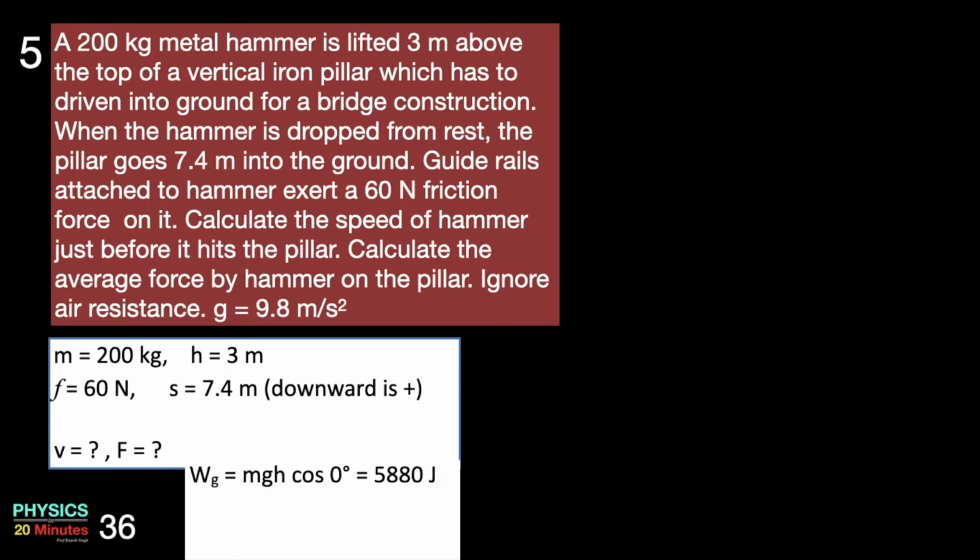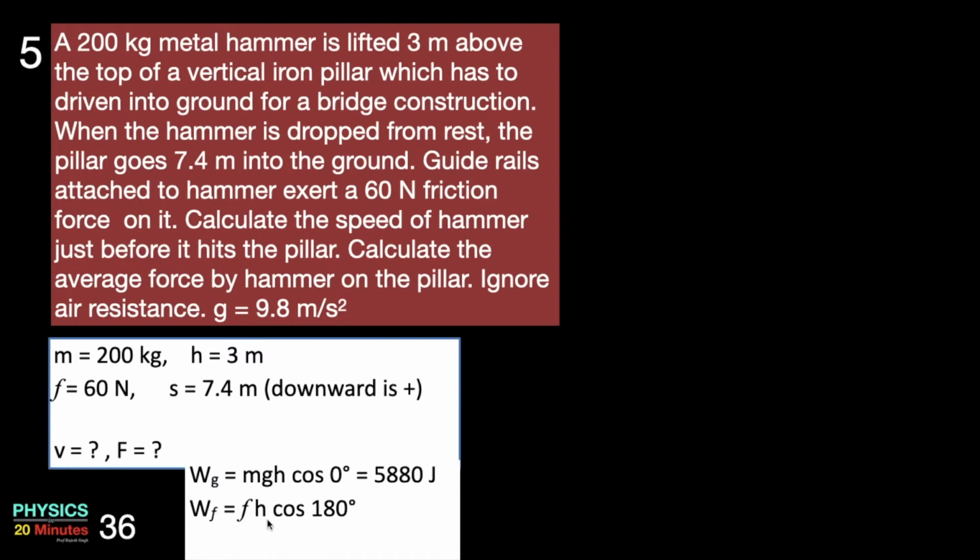So how much is the work done by gravity? Gravity is working downward, displacement is also downward. So mgh cos 0 or simply mgh. You put the value, mass is 200 and h is 3 meters and g is 9.8. You get 5880 joule. Work done by the friction: as we have seen, displacement is downward, friction is upward, they are in opposite direction.